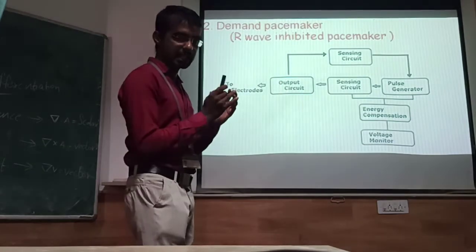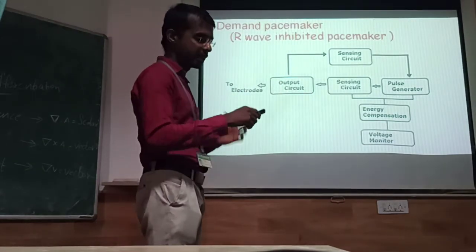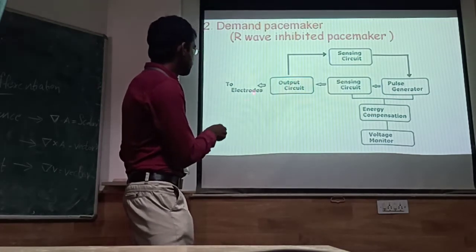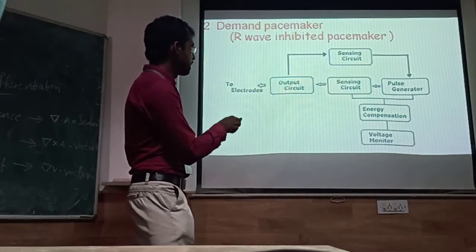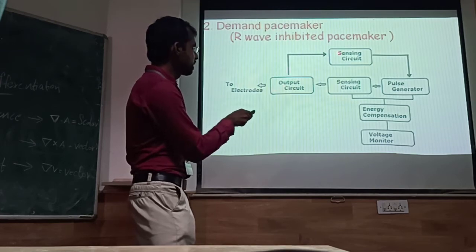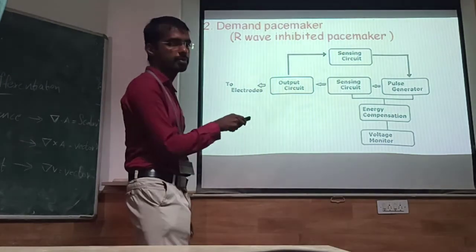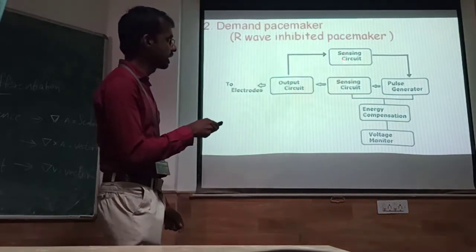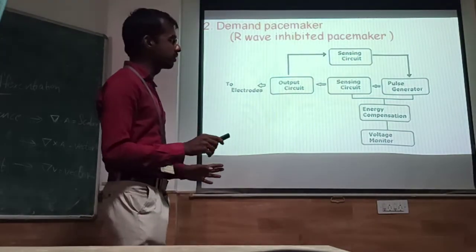Whenever such a condition comes, which might be rare, it is sensed. From the electrodes we have a reverse circuit too. We sense whether the signal coming from the sinoatrial node has a proper QRS waveform. When it is there, we leave it.